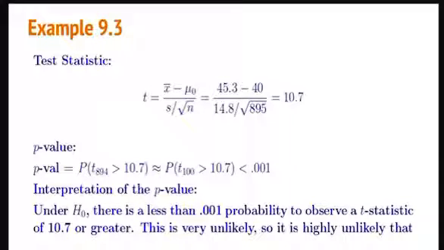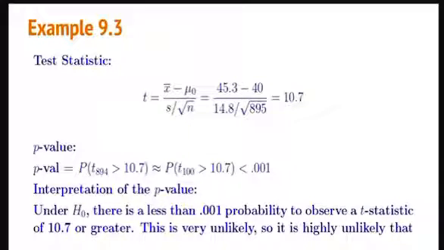Now, when you have 10.7, because the sample size is large, I may decide not to even check the T table, because the result I'm going to get will be the same as checking the normal table. In the end, the p-value is very, very small, 0.001.